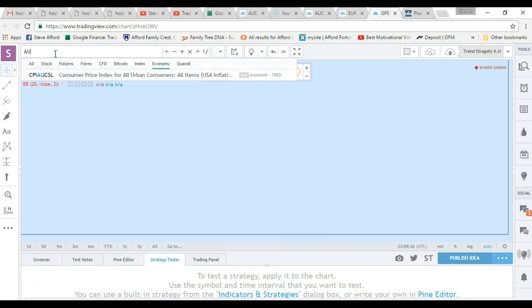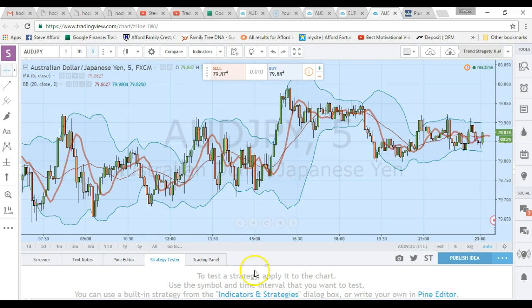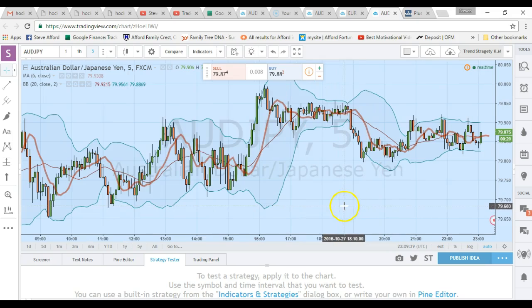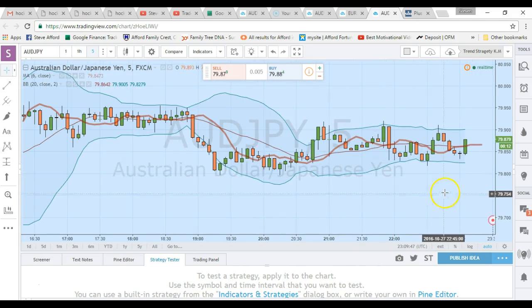Okay, US, AUD, JPY. Oh, that's a bit better. That's Australian dollars against the Japanese yen. What I'm looking for is these high volatility sections, but even then, it's not giving us some sort of a clear indication, which is no good for trading.